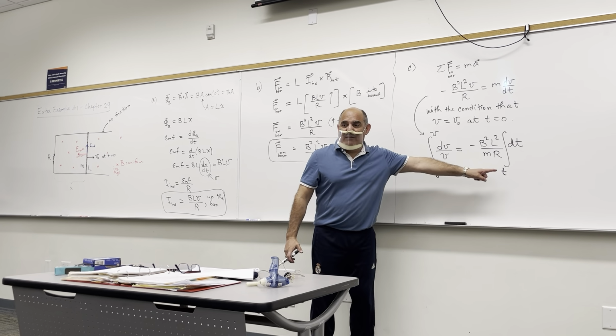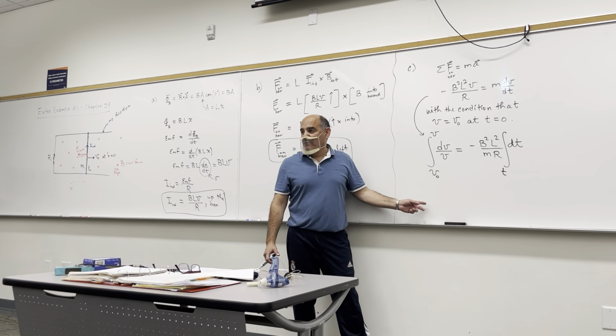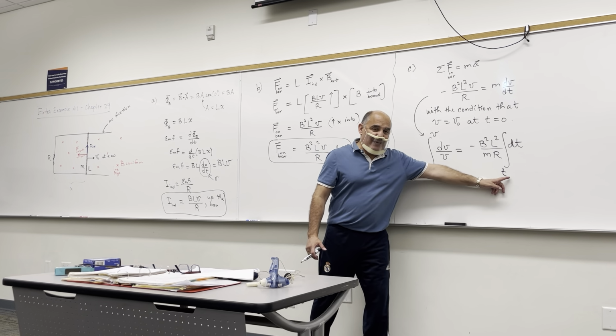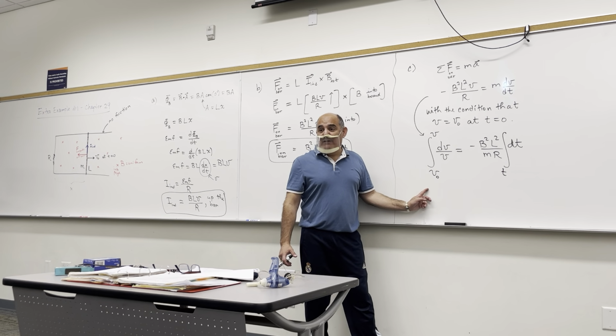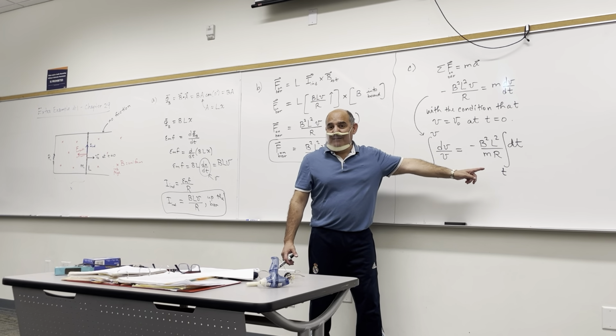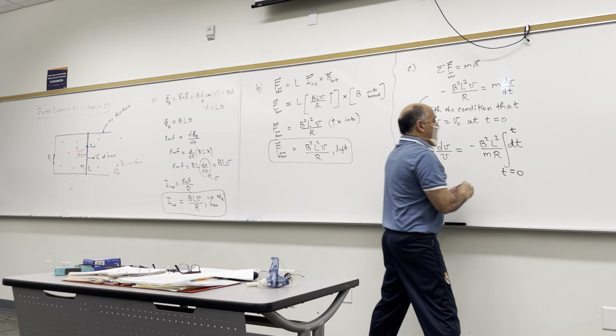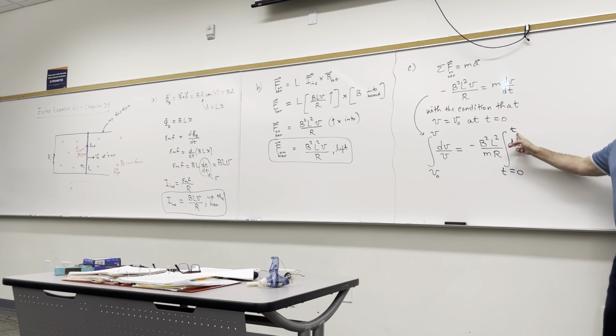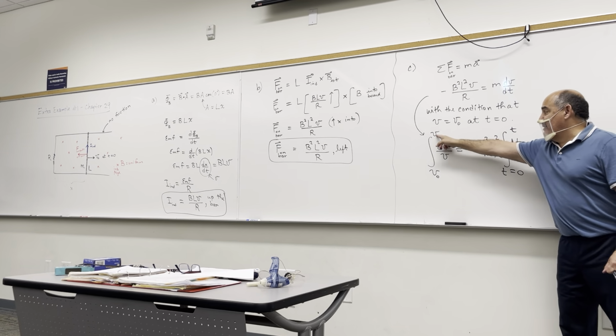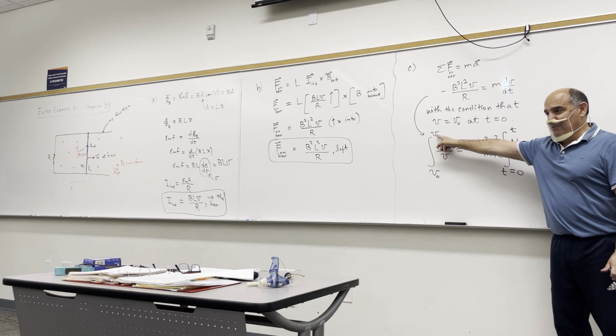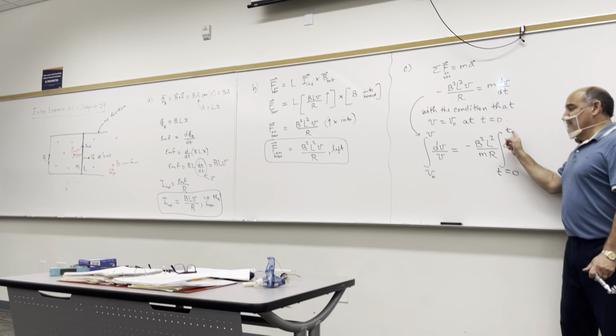I have to match that lower limit on the right with the lower limit on the left, so this is the instant of time when the speed is v naught. What instant of time was that? At 0. And then this is the time, so many seconds later, when the speed is that. So I'm solving for this as a function of this.